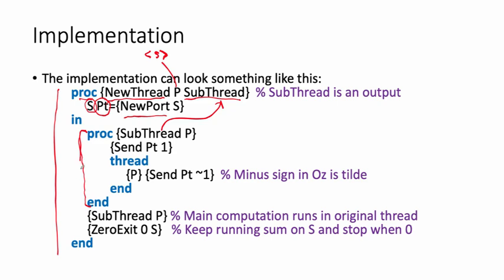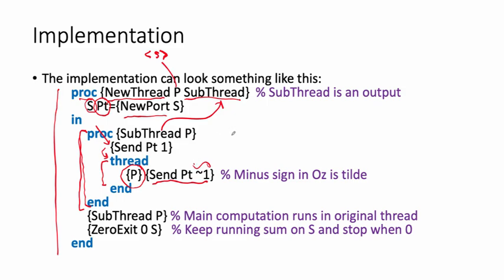Well, the procedure subthread will send 1 just before creating the thread. Then it creates its subordinate thread. It runs P in there, and when it's done, it will send a -1.